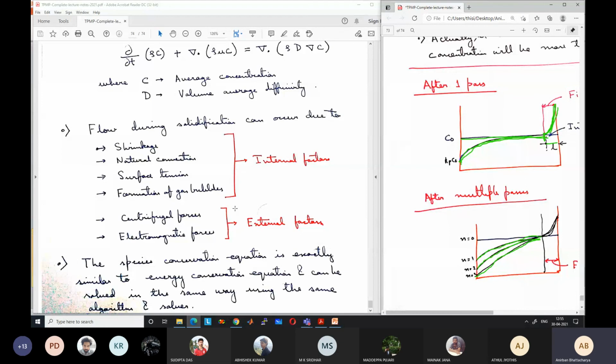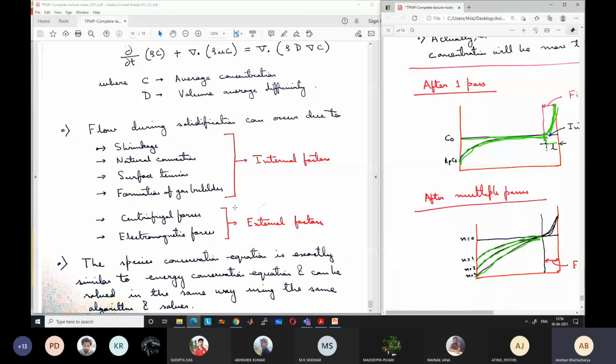A similar thing is also obtained because of concentration variation. This you might not have studied, but what happens is that at some location the concentration is high. Assume that we have an alloy of aluminum and copper. Copper has much higher density as compared to aluminum, about 3 times higher.